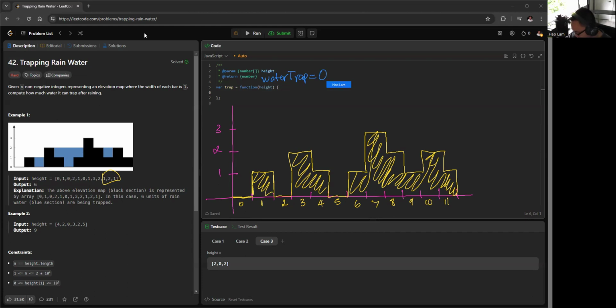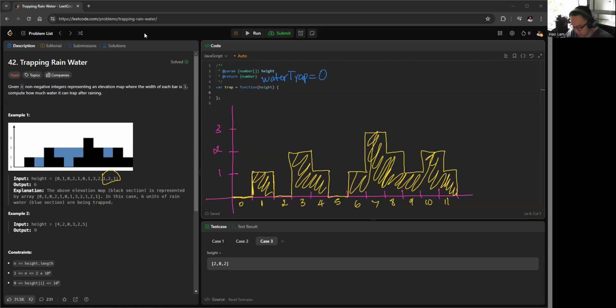We know that the water can only be trapped in between 2 poles with positive height, right? So it means that we need to find 2 non-zero poles.